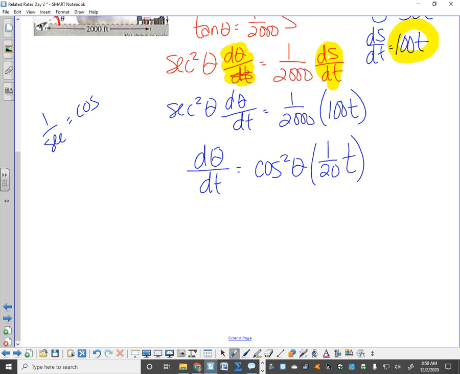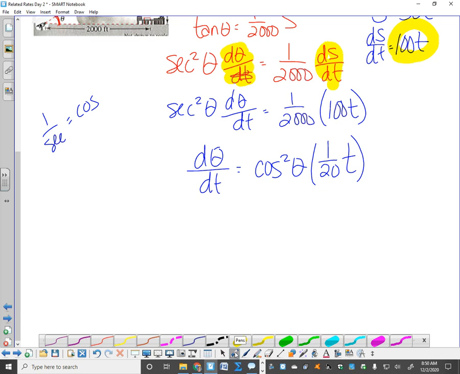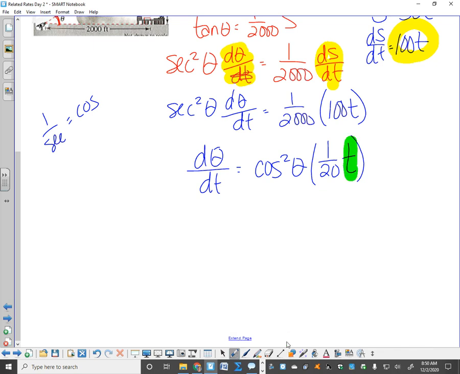Now let's see. I've taken the derivative, so I can now start finding some things. The t in question is at 10 seconds. So I am going to plug a 10 in for him.